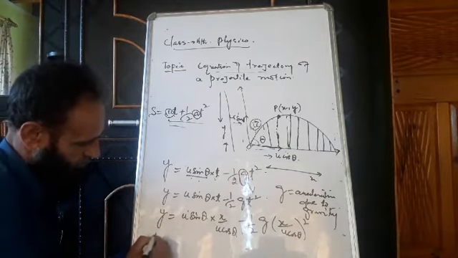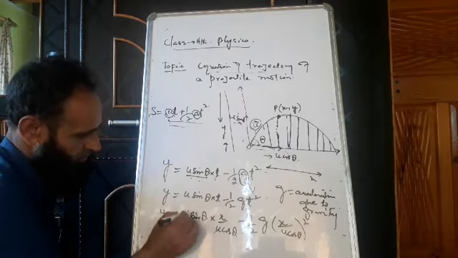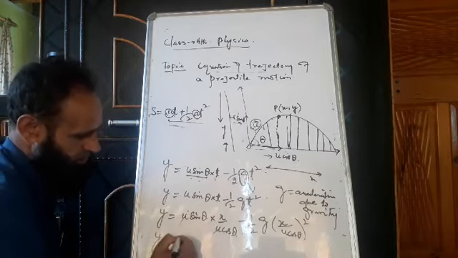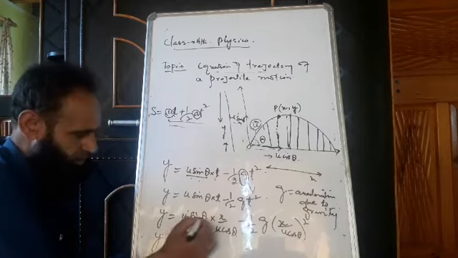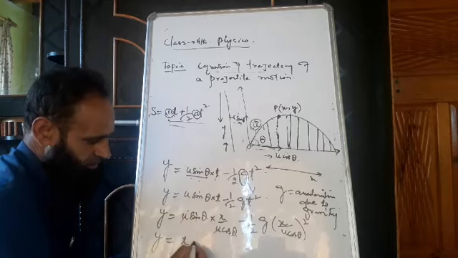So we get y is equal to this u, and u may cancel. That sine theta by cos theta will be tan theta. So we get x tan theta. This sine theta by cos theta is tan theta.